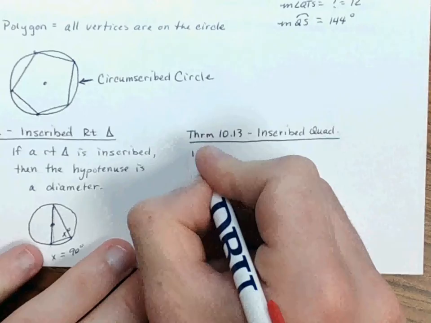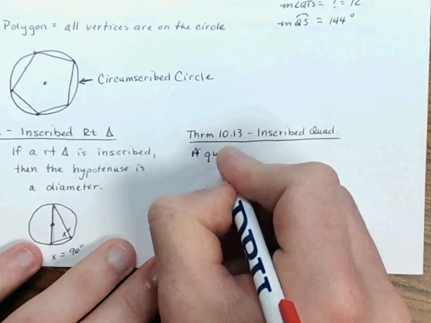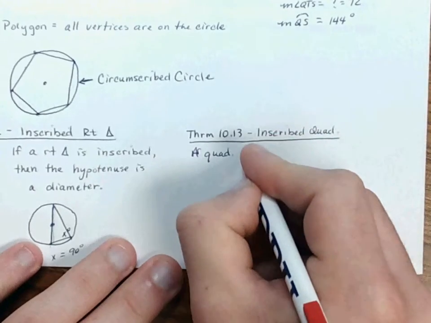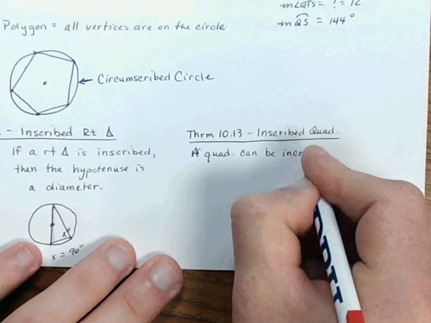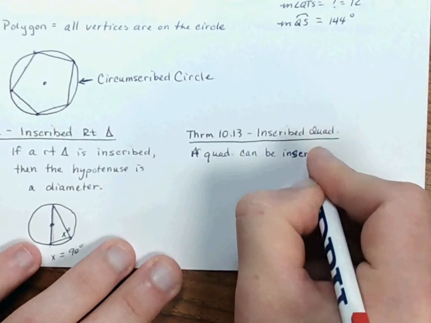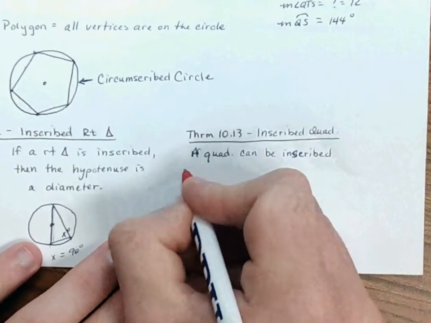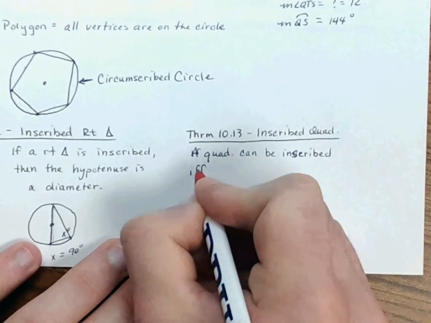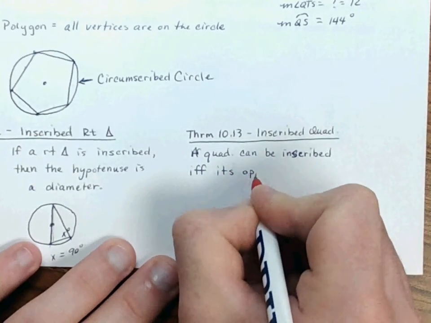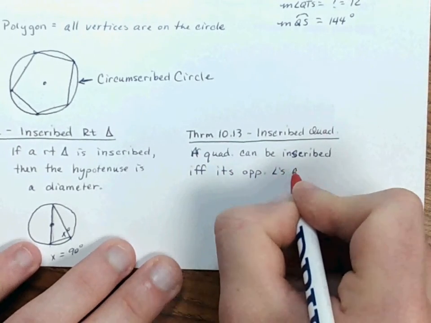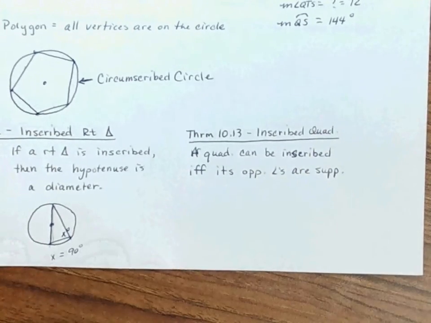It says that a quadrilateral can be inscribed if and only if its opposite angles are supplementary. All right.